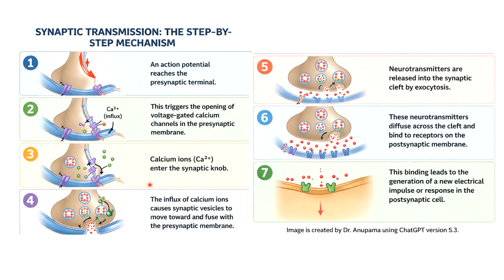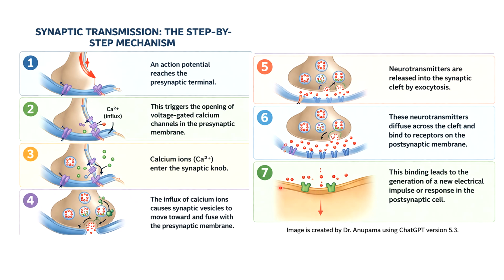Once the neurotransmitter is released at this synaptic cleft, this will be done by exocytosis. Once this is done, the neurotransmitter diffuses through the synaptic cleft to the postsynaptic membrane. The postsynaptic membrane has receptors. So this signal goes and binds here.